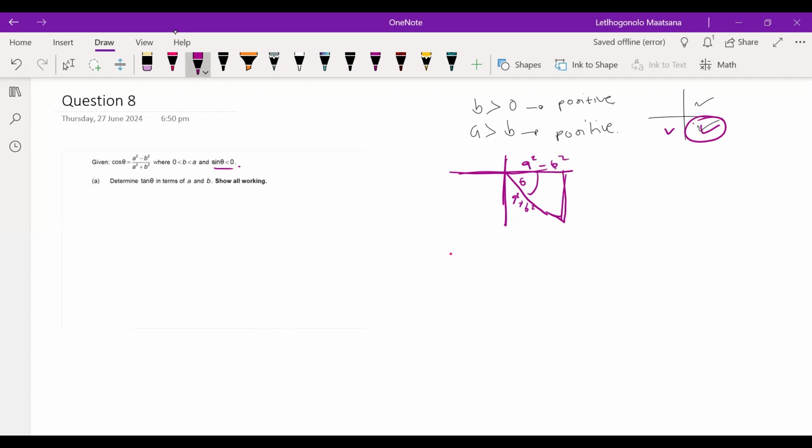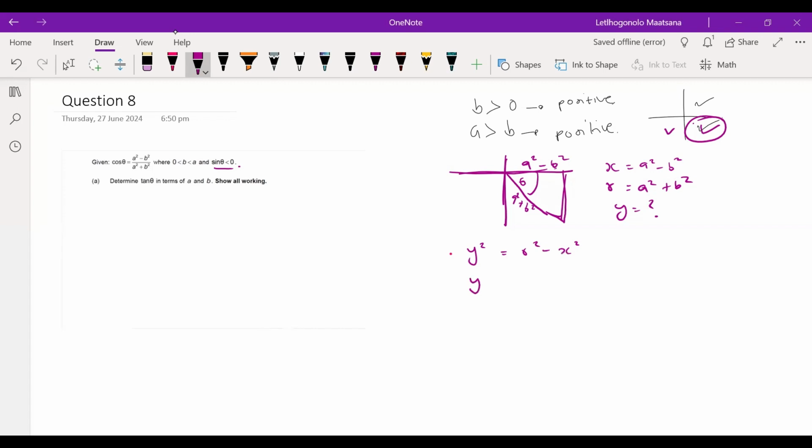Then we can say, according to our rule, x is a squared minus b squared, r is equal to a squared plus b squared. We are looking for y, and we can just use Pythagoras theorem. So y squared is equal to r squared minus x squared.